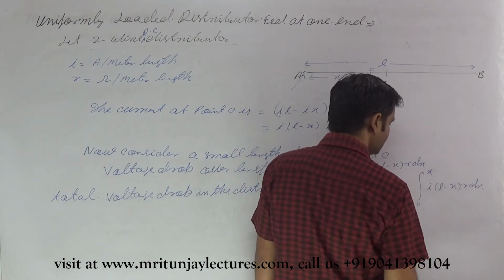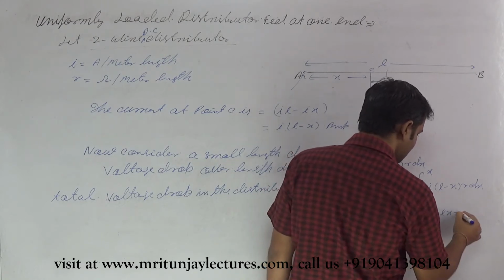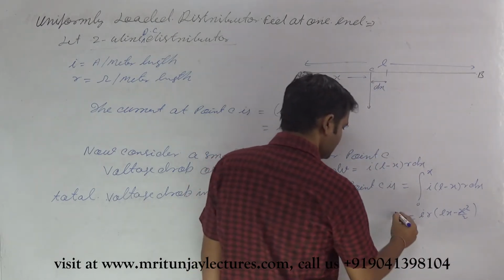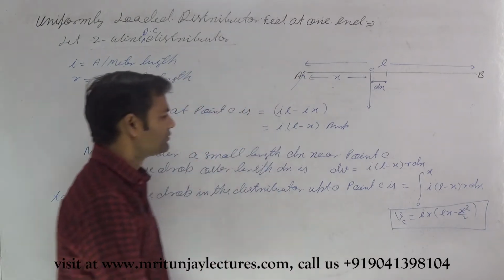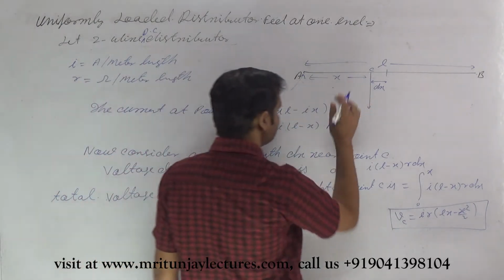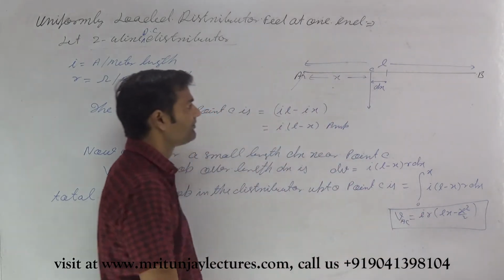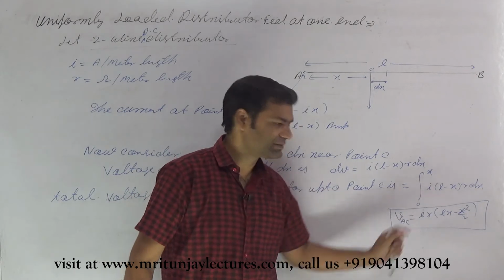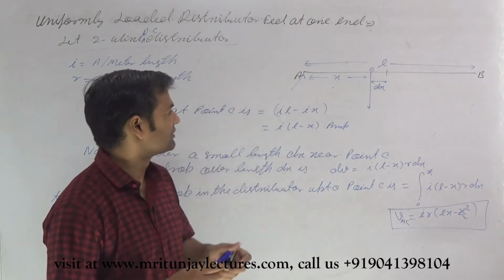This is IR(Lx minus x square by 2). This is the formula for V. So the voltage drop corresponding to AC is written as I into R(Lx minus x square by 2), the voltage drop corresponding to this section.